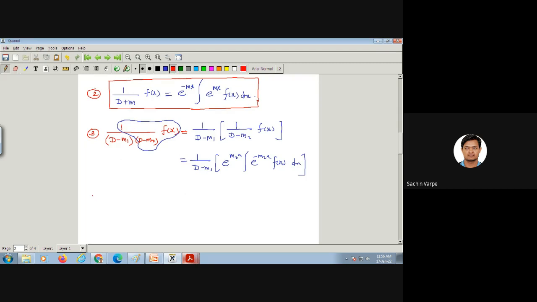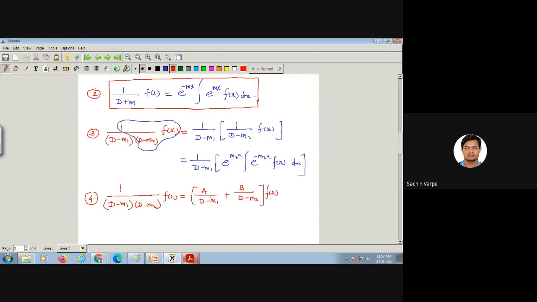Or what we can do, in some cases we can separate these two brackets or these two factors with the help of partial fraction. So (D - m1)(D - m2) operated on f of x can be written as A upon (D - m1) plus B upon (D - m2) operated on f of x.